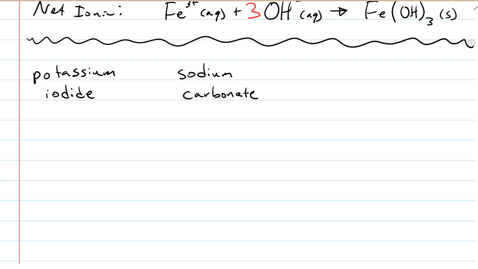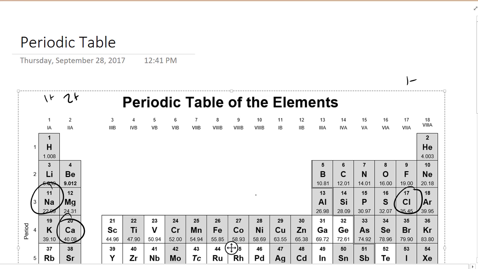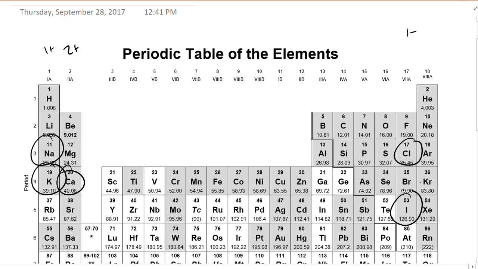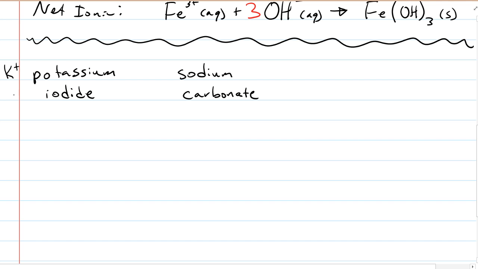We come back to the periodic table. What is the charge on the potassium? 1 plus. Iodide is 1 minus. Sodium is Na with the charge of 1 plus. Carbonate is CO3 with a charge of 2 minus.